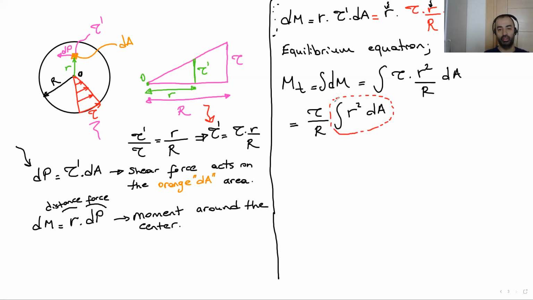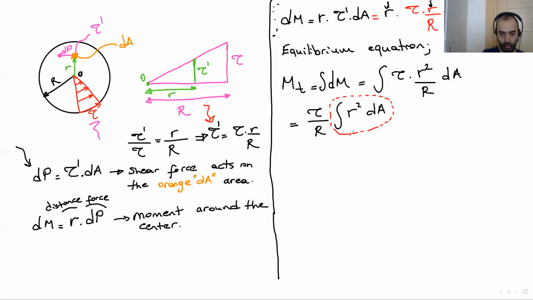This is almost similar to moment of inertia. Remember, in the moment of inertia subject, we were doing area times distance square, which gives us the moment of inertia. Here what we have is area times the radius square. Radius is a kind of distance to the center. So this portion is a kind of moment of inertia, but what kind of?